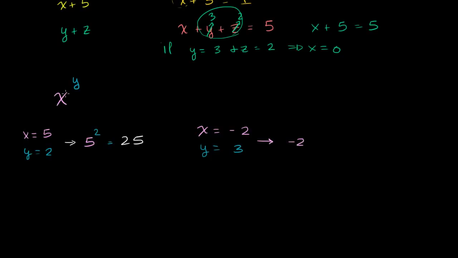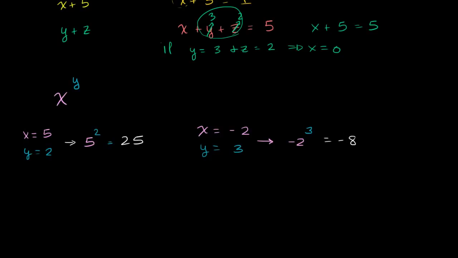That's what we're going to substitute for x now in this context. And y is now 3, so -2 to the third power, which is -2 times -2 times -2, which is -8. -2 times -2 is +4, times -2 again is equal to -8.